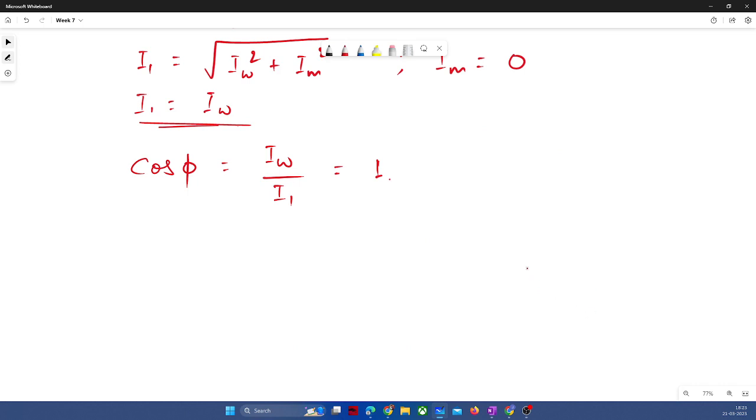Okay. So just for clarification, let us suppose your flux is in this axis, with IW and EMF. To establish this flux phi, you will require some magnetizing component, IM or IW, whatever you call it. So your resultant current will be somewhere here, right?